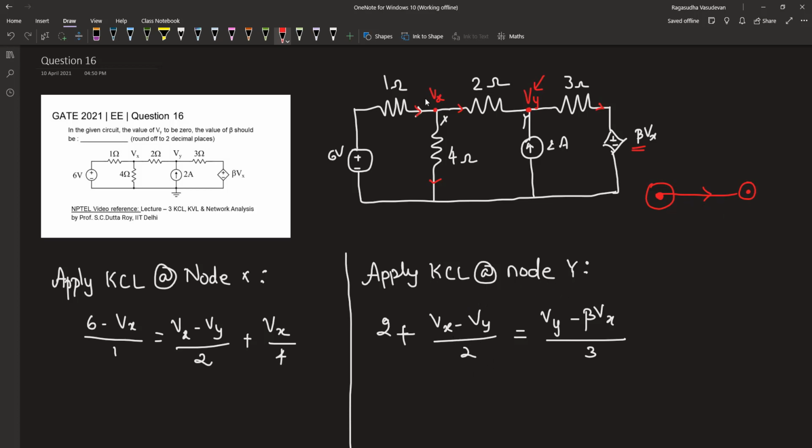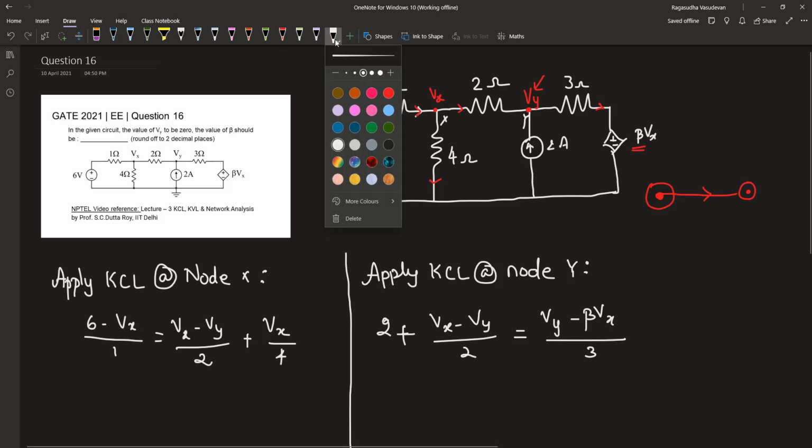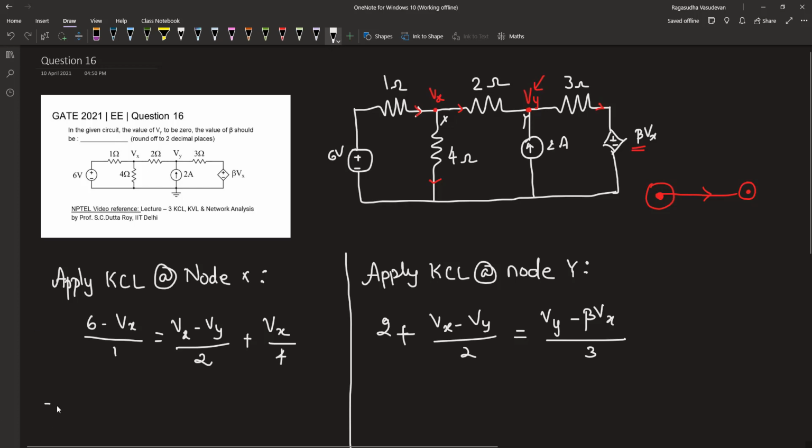If I am considering that the current is coming from X to Y, then the current will be the potential at X minus the potential at Y divided by 2. So we have applied this and jotted down the equations of node X and Y by applying Kirchhoff's current law. Let's simplify this.